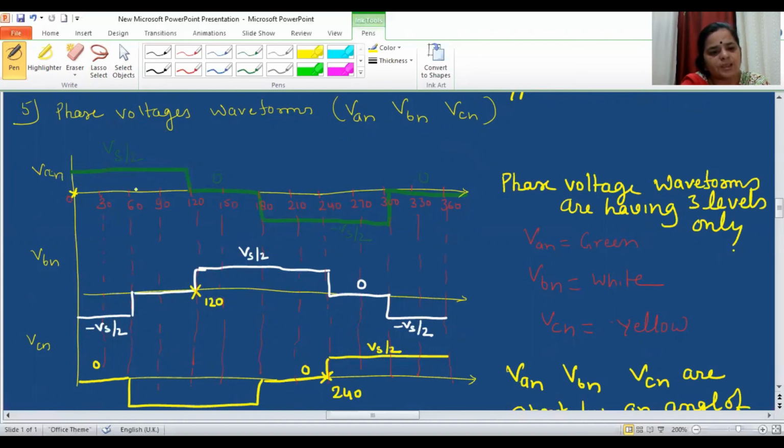If I explain the phase A to neutral voltage waveform, you can see that we are getting positive and negative cycles as well. Although it's not a pure sinusoidal waveform, these are also called quasi-square waveform inverters, because in place of a pure sinusoidal waveform as an output, we are getting the stepped output. And after filtering this stepped output, we can convert these quasi-square waveforms into a pure sinusoidal waveform.